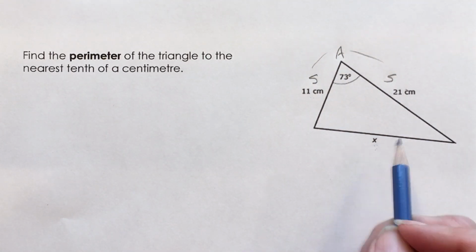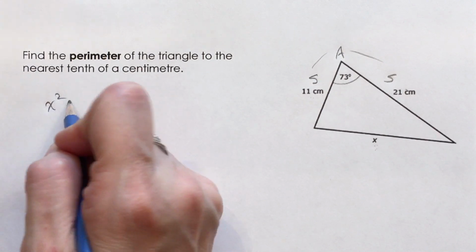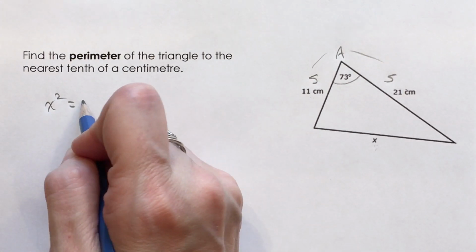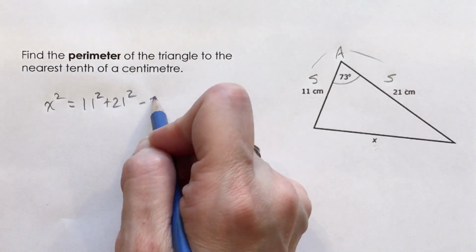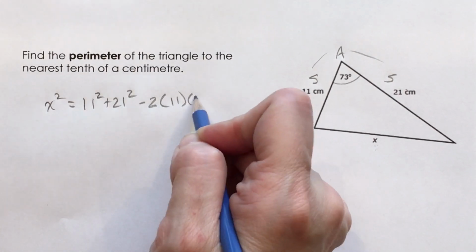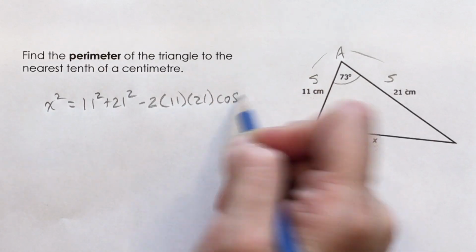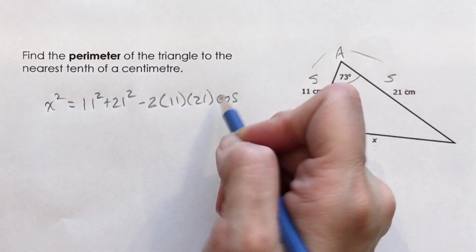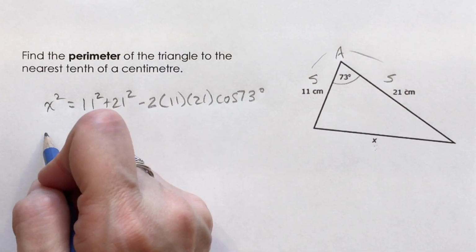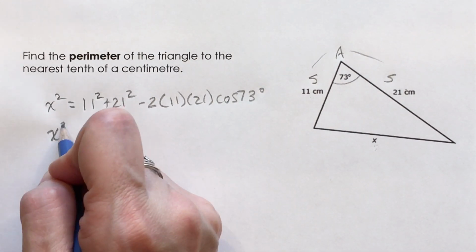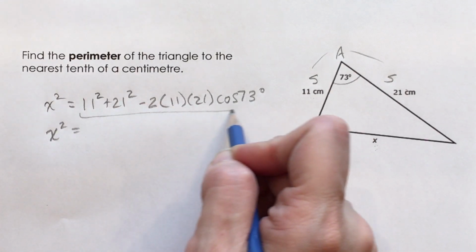So I'm going to start off with side x that I want to find squared. So it starts off like the Pythagorean theorem. X squared equals 11 squared plus 21 squared minus 2 times 11 times 21 times the cosine of the angle between those 11 and 21 sides, which is 73 degrees. So see if you can type this in and get a number.